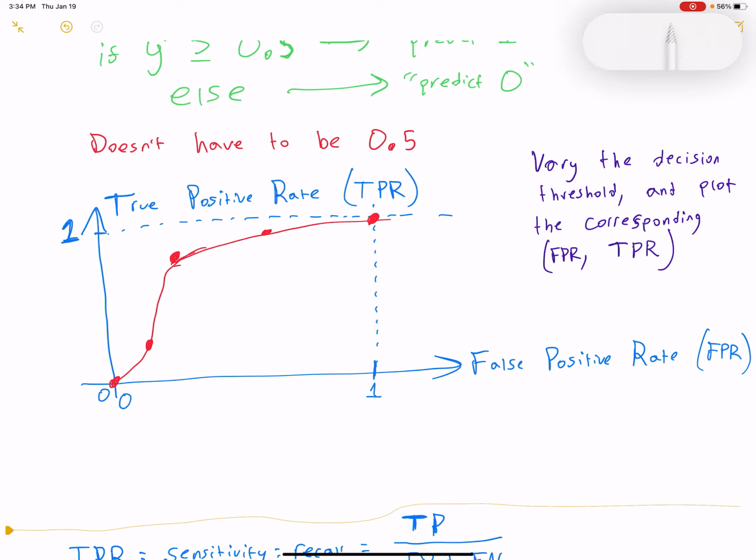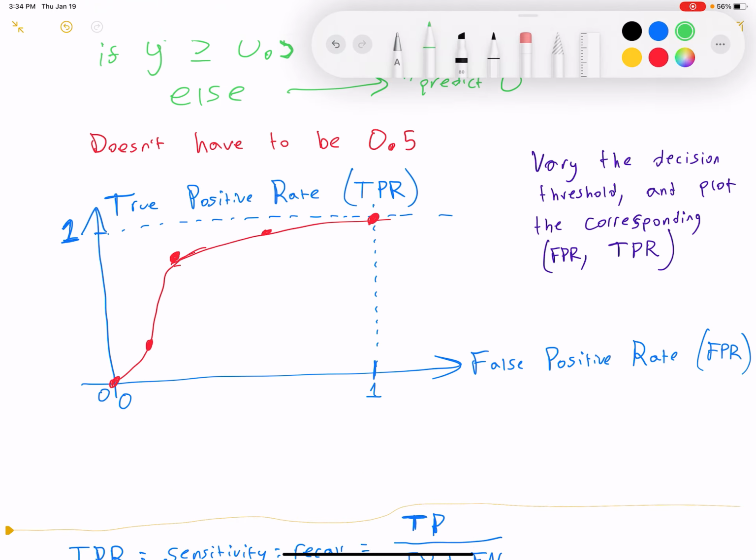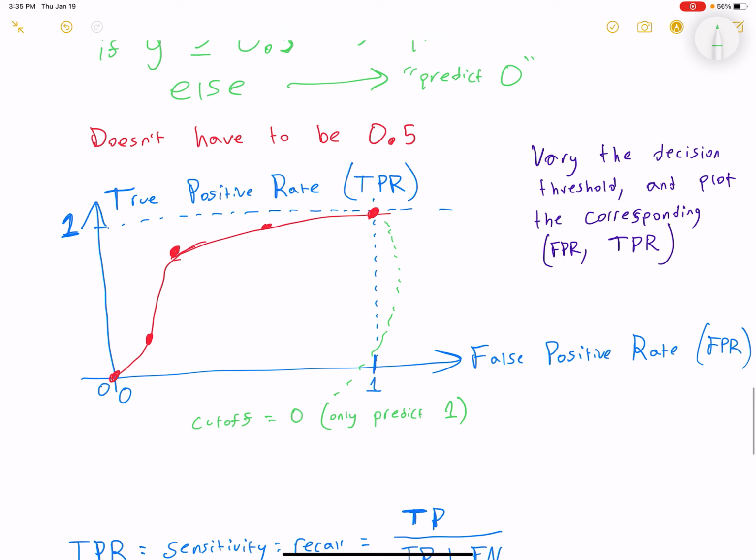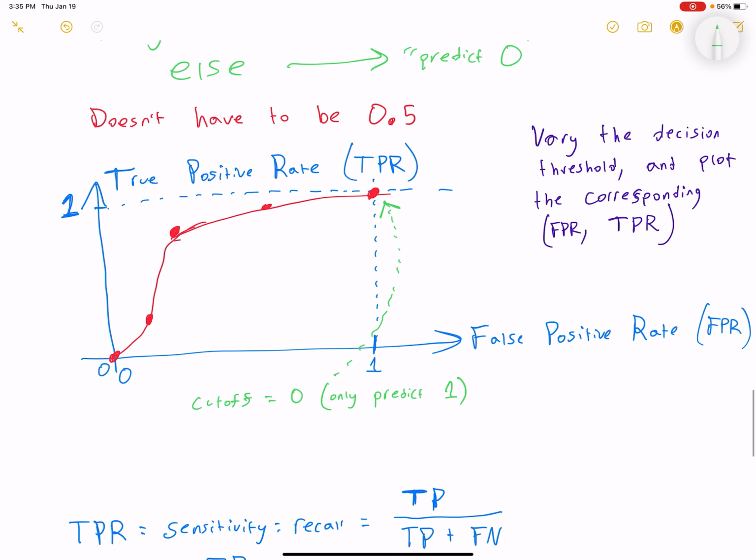Yeah, let's think through the different cutoffs and what they mean. So that's a great point. So if the cutoff is equal to 0, that means we only predict 1, and that would correspond to that point here. And you could think through why, but the reason is because everything's positive, so therefore the true positive rate's 1, the false positive rate's 1.